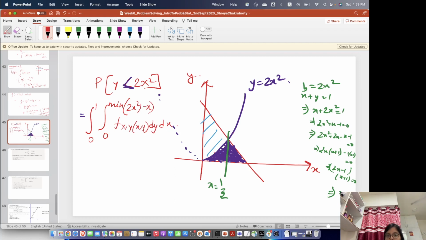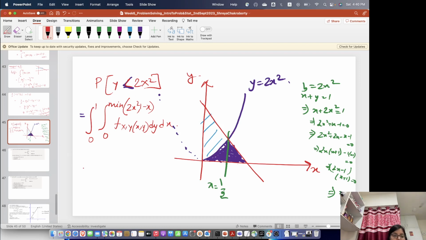Okay, so if x is less than half, then y can range from 0 to 2x square. But if x is greater than half, then y can range from 0 to 1 minus x. So whichever is minimum, y can range up to that.